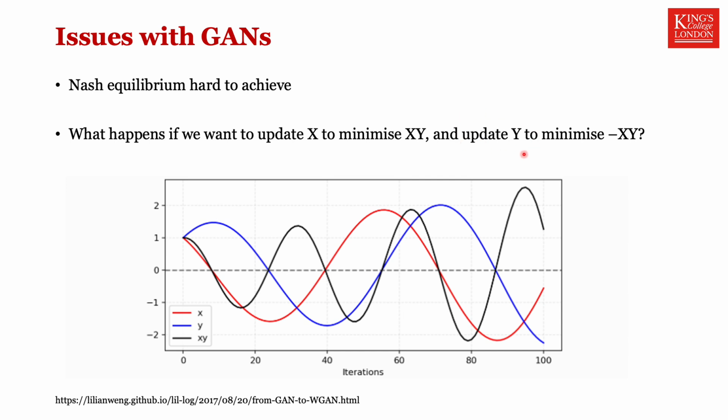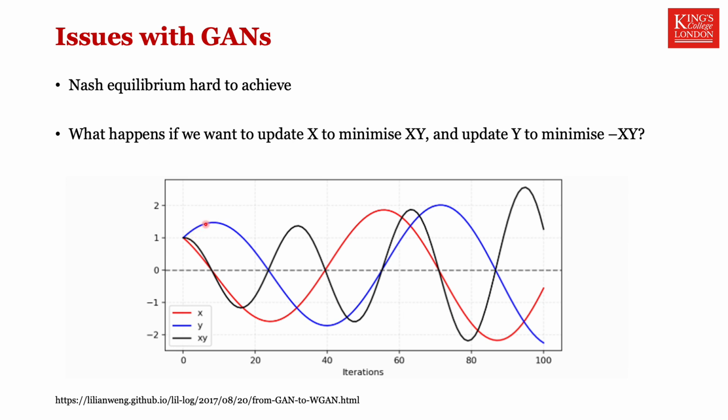But if the task for y is to minimize the negative of x times y, then when xy starts going down, because you want to make it higher, you want to minimize minus xy, you're going to make y go higher and higher.